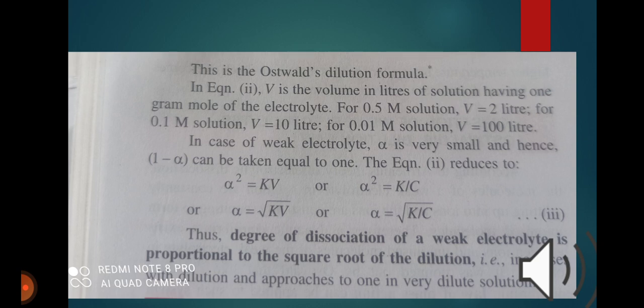As the dilution increases, the degree of ionization increases. As the concentration decreases, the degree of ionization increases. In this way, we have discussed the ionization constant K and the degree of dissociation of weak electrolyte. Thank you, students.